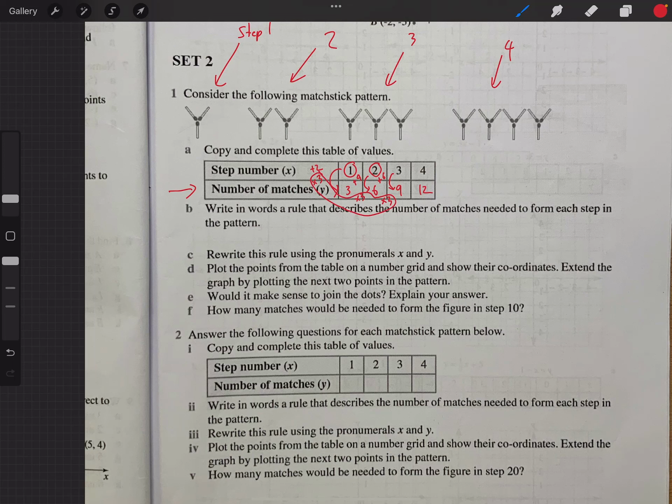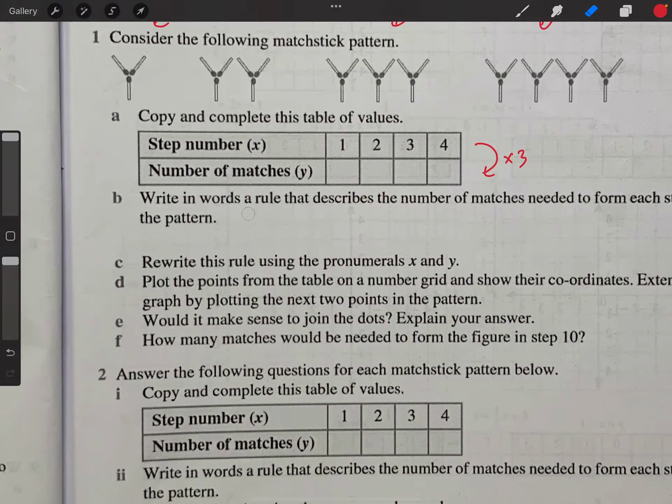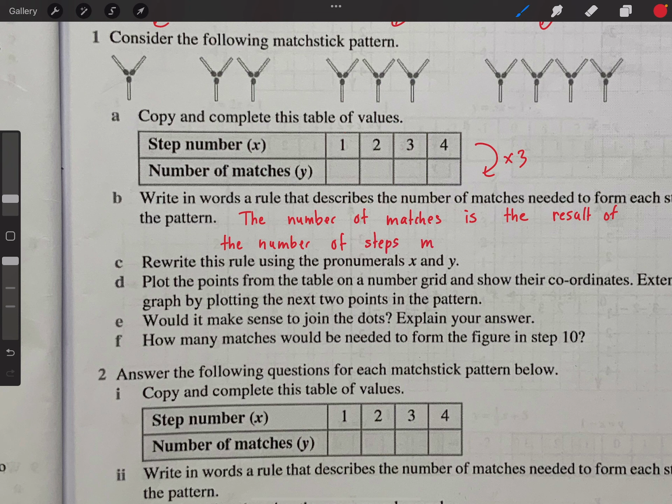So we can say something like: the number of matches is the result of the number of steps multiplied with 3.